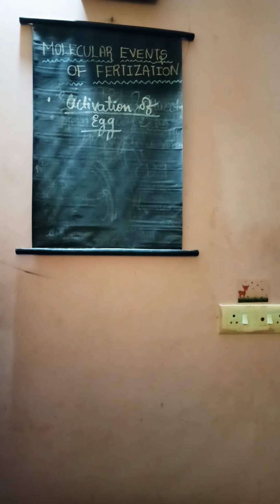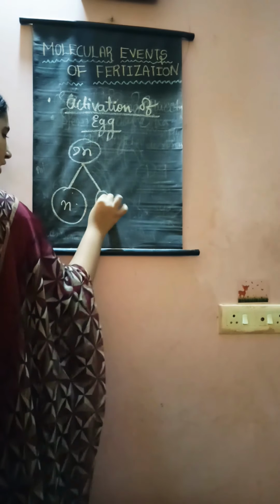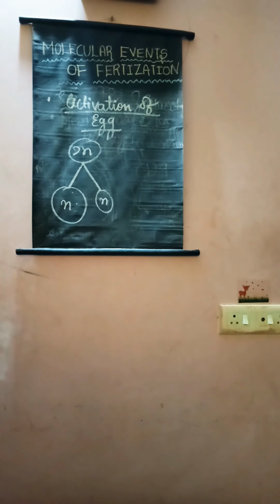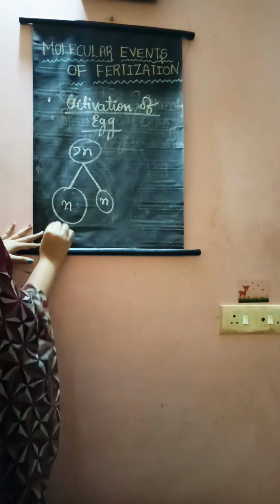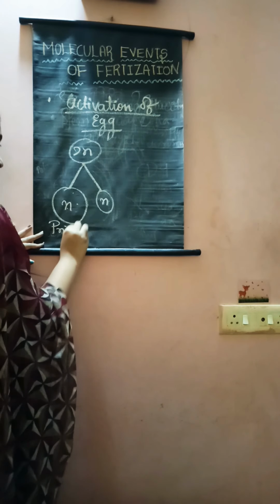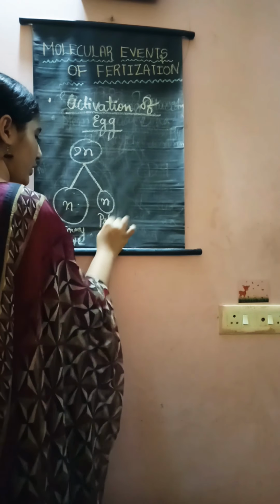Here, we all know that in most of the mammals, when oogenesis takes place, a cell will divide into two. One has more cytoplasmic content and the other has less cytoplasmic content, but the karyokinesis is the same. This will have more cytoplasmic content and this is called the primary oocyte. And this is a polar body.